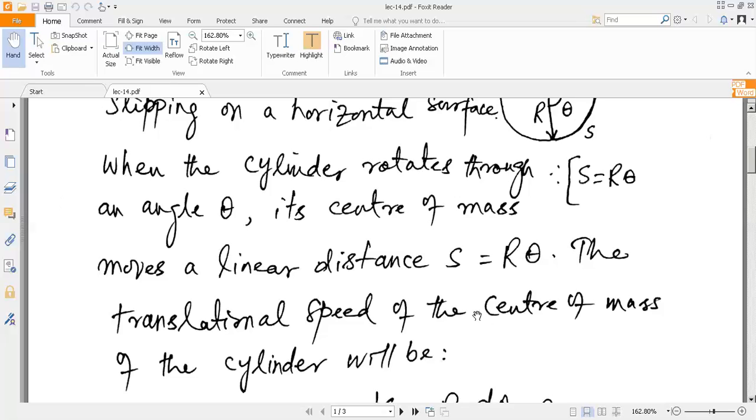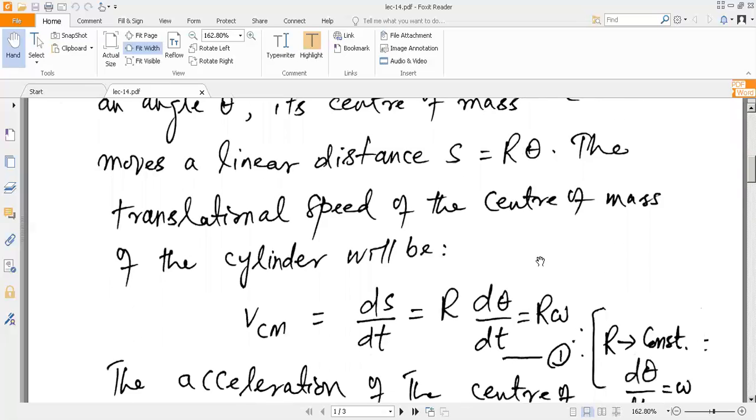The translational speed of the center of mass of the cylinder can be expressed by VCM. CM stands for center of mass, V stands for speed.